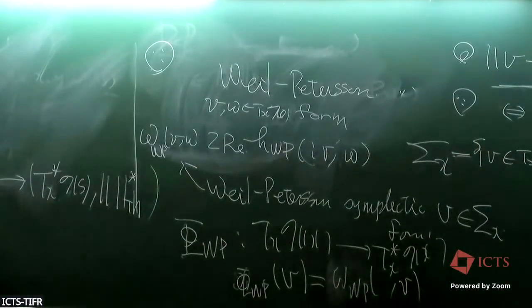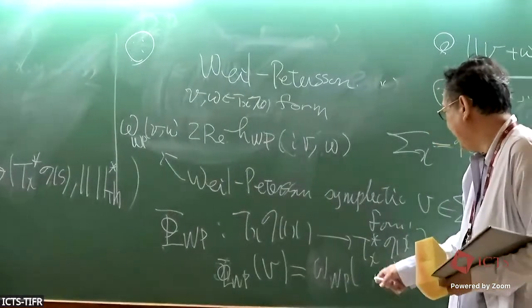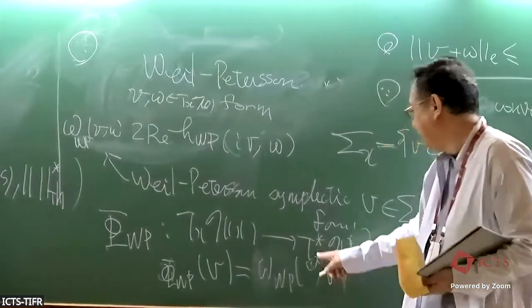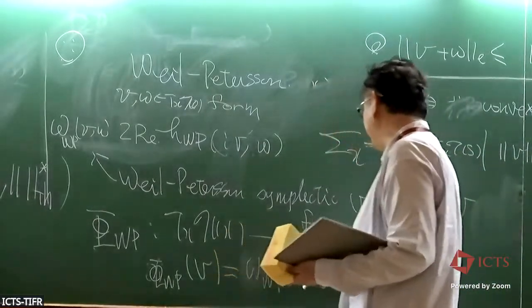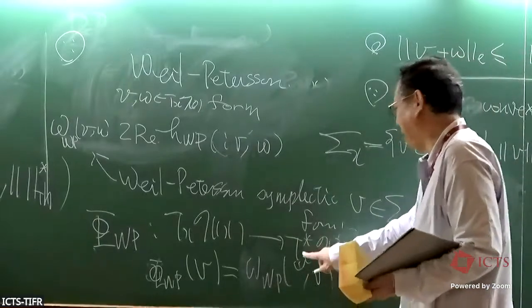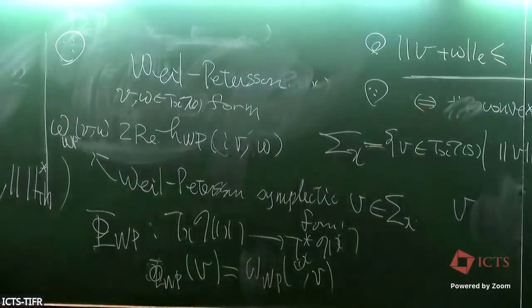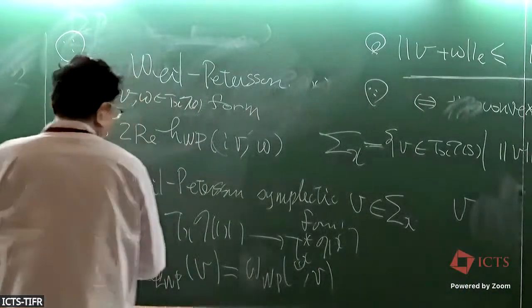This is a linear map from the tangent space to the linear functions on the tangent space, so it is contained in the cotangent space.